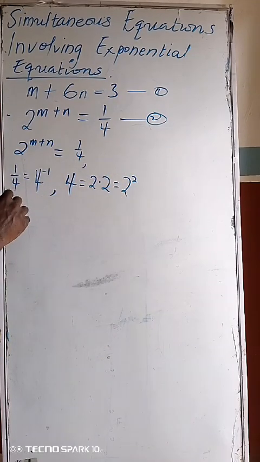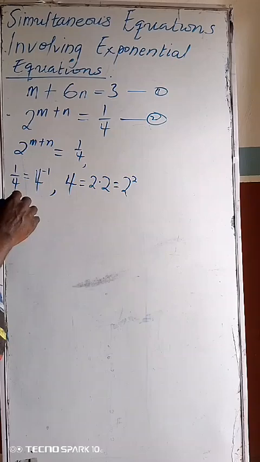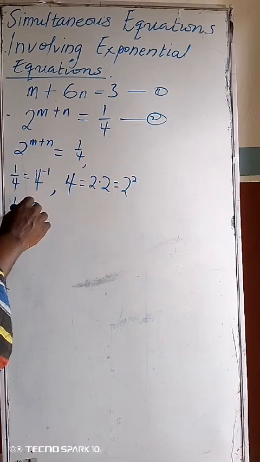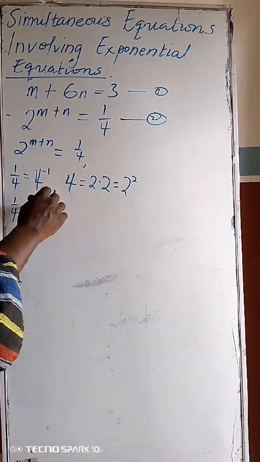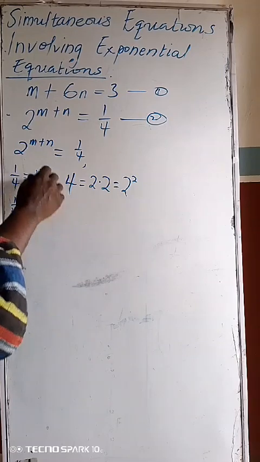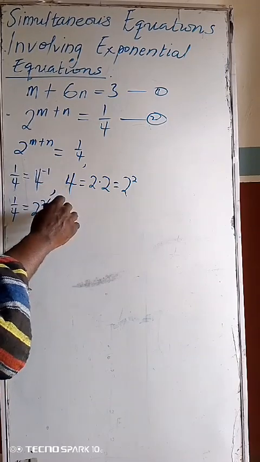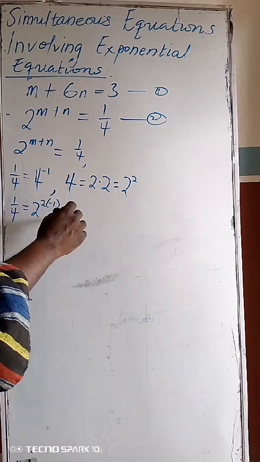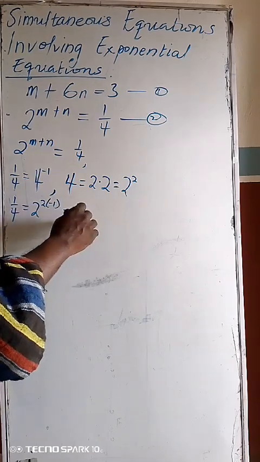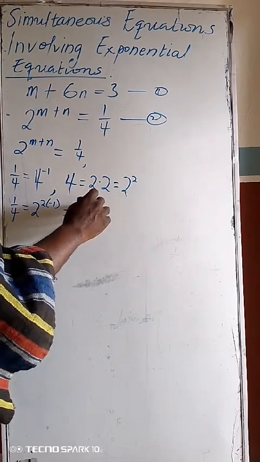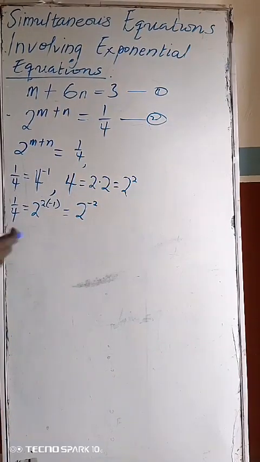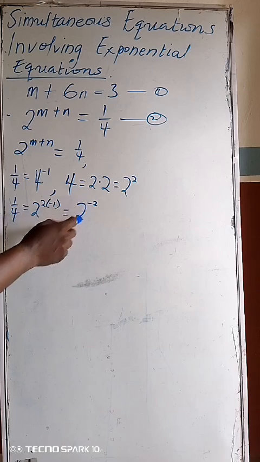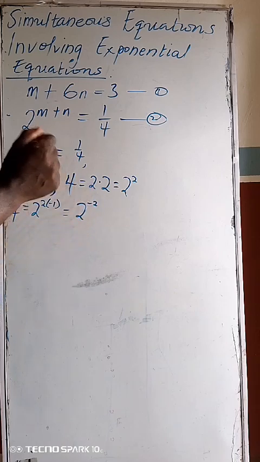So 1 out of 4 can be written as 2 raised to the power 2 multiplied by negative 1, which is the inverse, and negative 1 multiplied by 2 gives us 2 raised to the power negative 2. So 1 out of 4 can be written as 2 raised to the power negative 2.